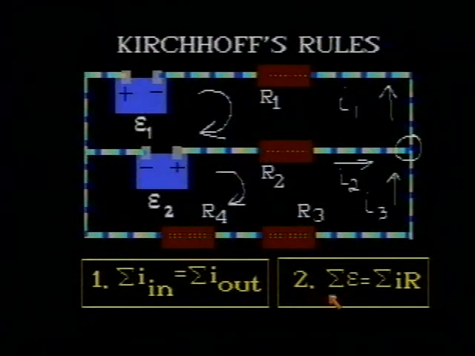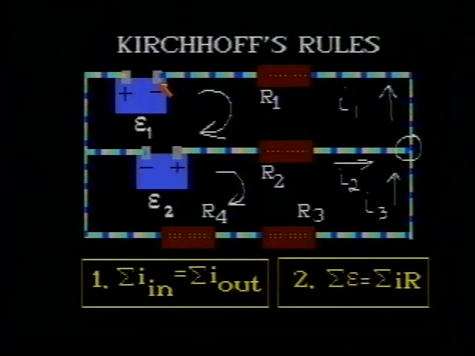Going around the upper loop, the sum of the EMFs, we encounter an EMF here, E1, and we have to determine its sign. As we go through it in this clockwise direction, we are going from the positive to the negative terminal. Therefore, from our rule, that EMF is negative.